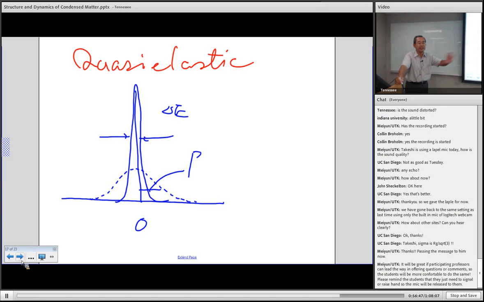Everything is quasi-elastic, because in the case of liquid, you cannot take the whole liquid at once, right? In the same way, the neutron cannot transfer the momentum to the whole body of liquid because they are not connected. Okay? So what happens is that they partially transfer momentum, and you get quasi-elastic scattering.